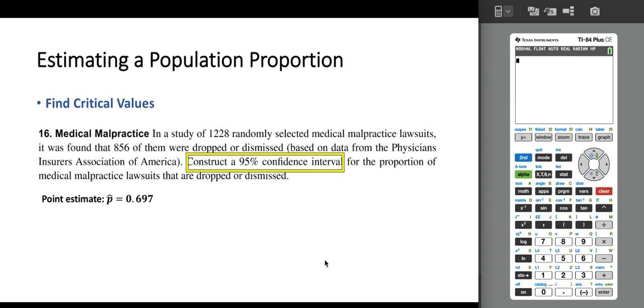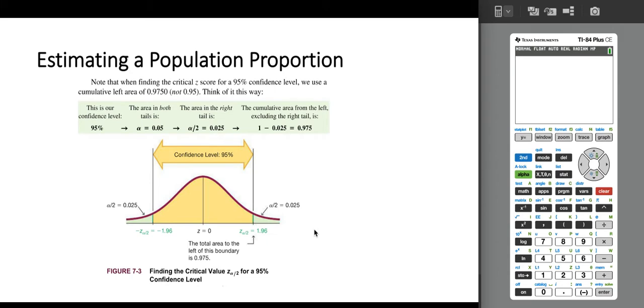I believe that your book does a really nice job of explaining how we're going to find that critical value or the critical values. We want a confidence level of 95%. So that means the area in the shaded region is 0.95.